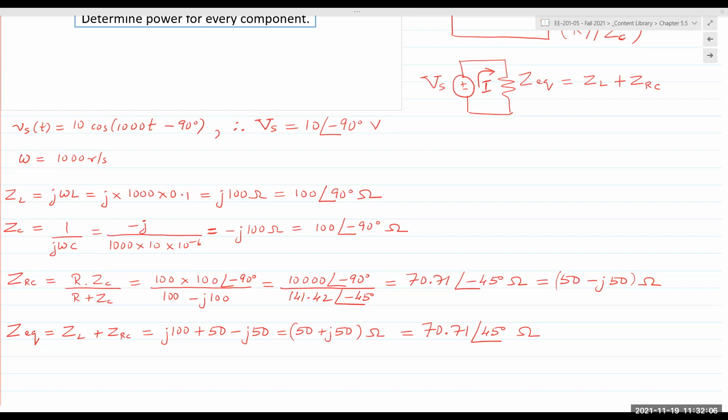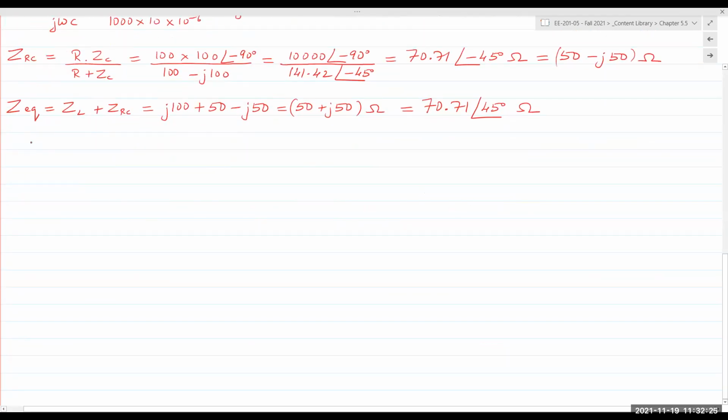Right. So far, what we have done is basically combine the entire circuit into one single impedance. So now I can apply Ohm's law and find the total current I that is flowing through the circuit.